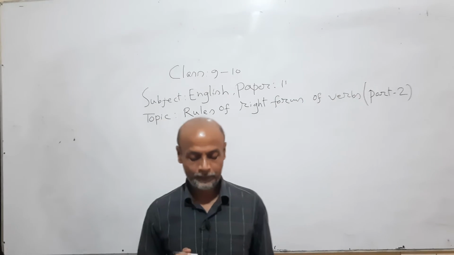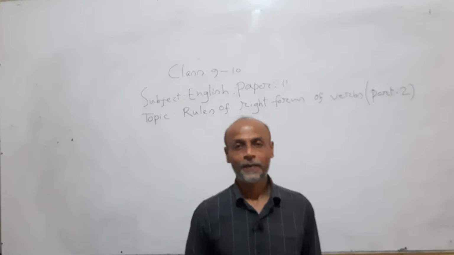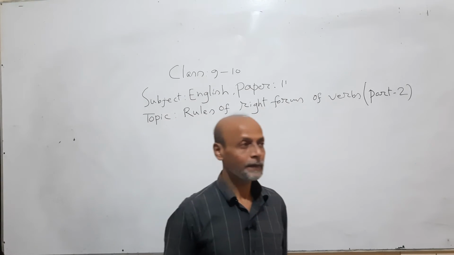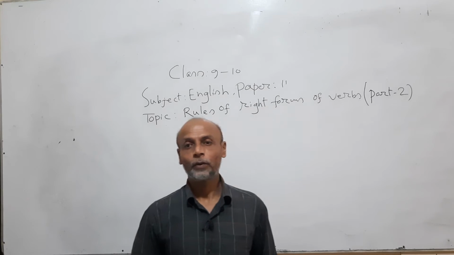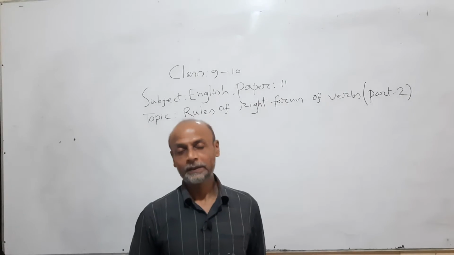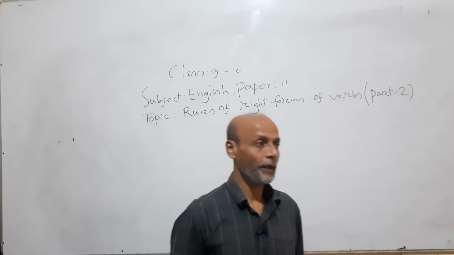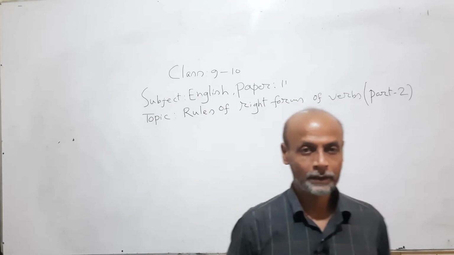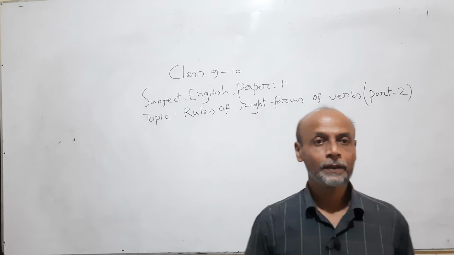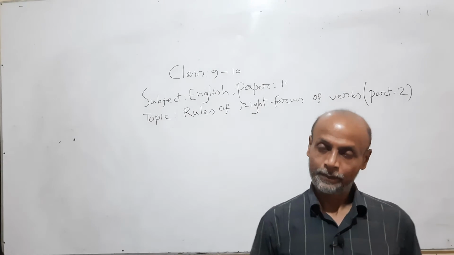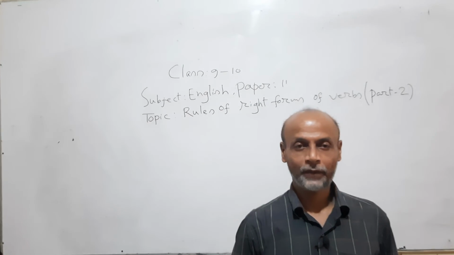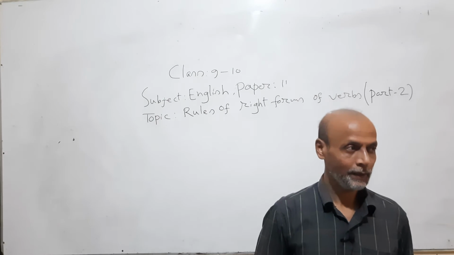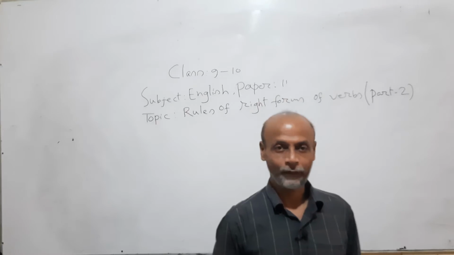You will get since as a conjunction in a sentence, and this type of sentence has two parts. When the first part of the since-related sentence is in present tense or present perfect tense, the other part will be past indefinite, or simple past.